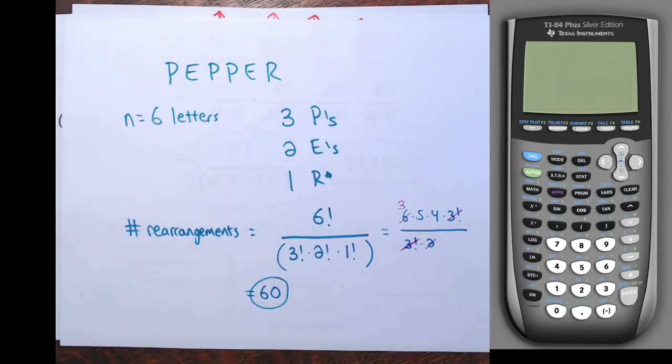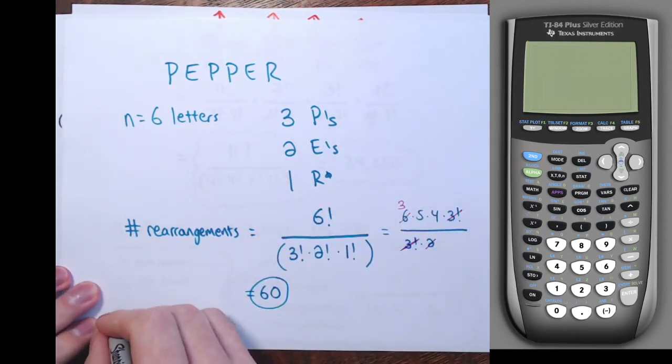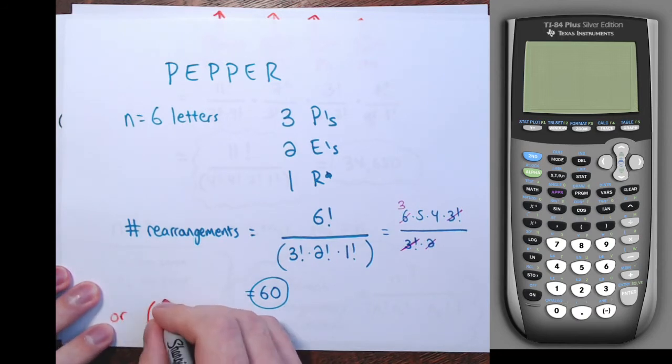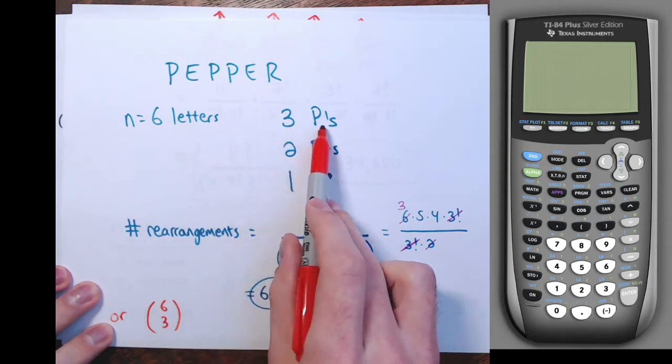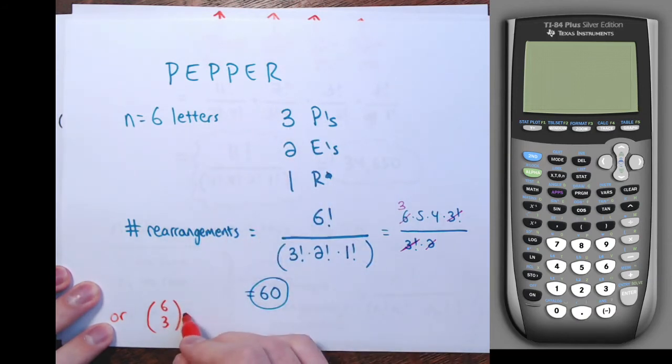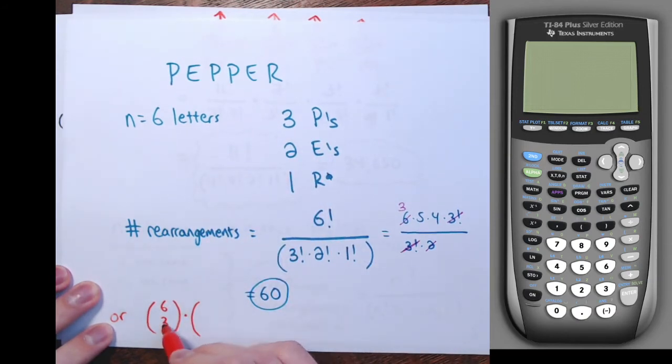Now again, alternatively, you could have done 6 choose 3. There's 6 slots to fill, and I choose where the 3 P's go. Then once I've put the 3 P's down, there's only 3 slots left, and I choose where the 2 E's go.